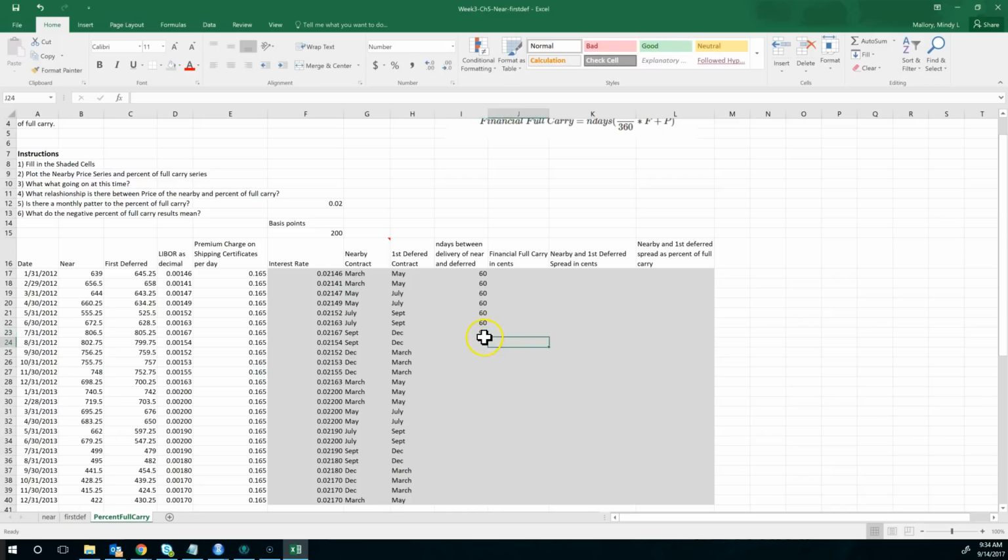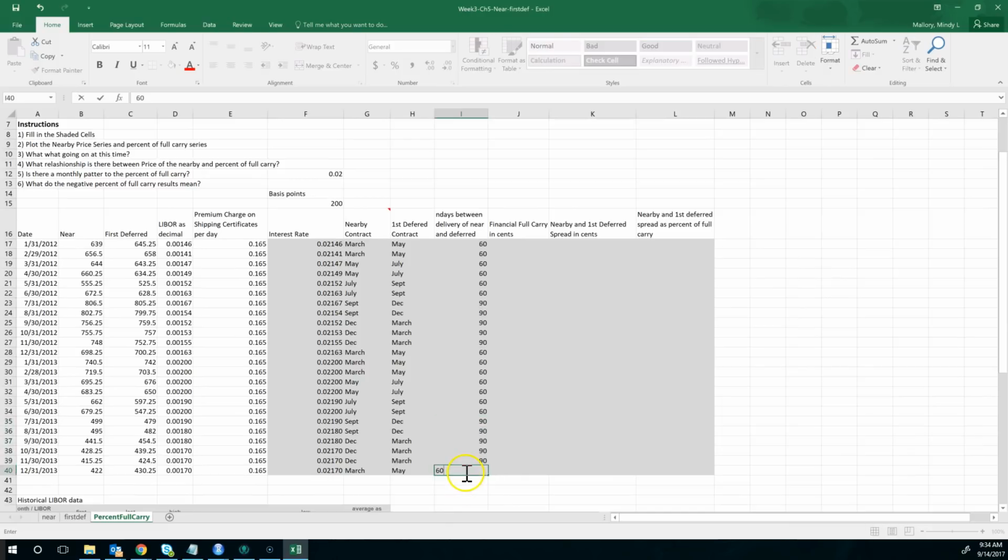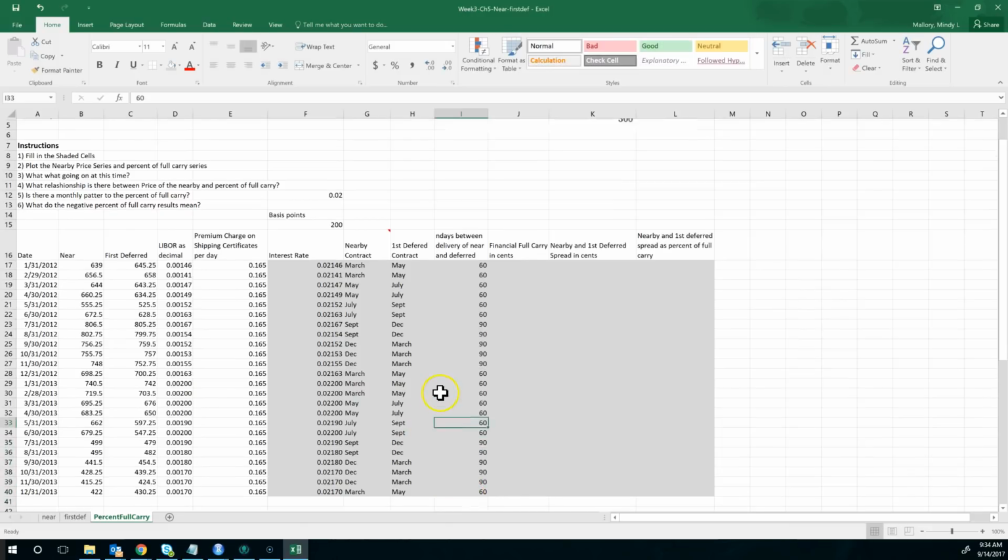Likewise for December to March. So I'll fill down 90, then I'll go back to 60 when we're back to March and May, and all the way down until we get to September and December. Fill that down to here, and one more 60 to top it off.